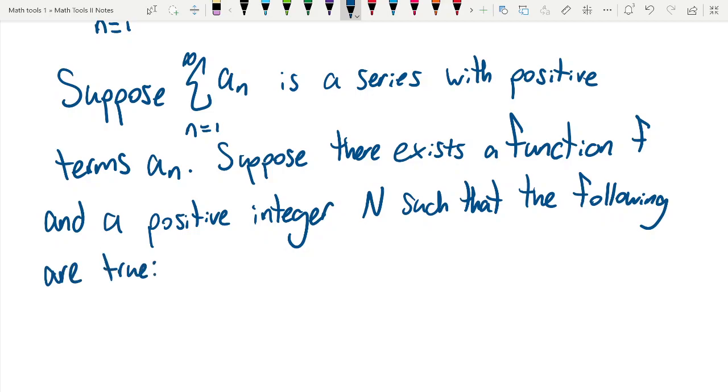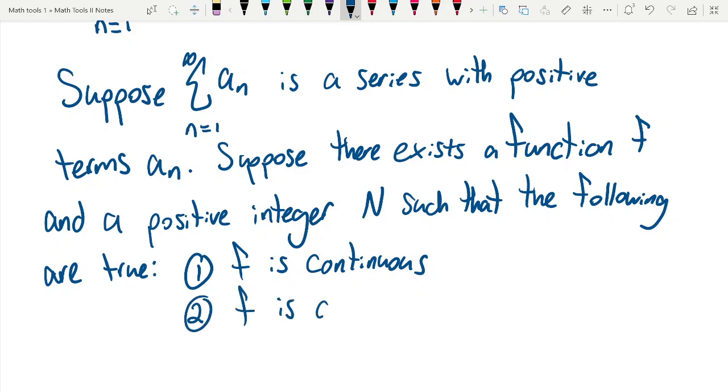We're going to have three conditions here. One, f is continuous. We haven't put any other conditions on this function, but whatever it is, it needs to be continuous. Two, f is decreasing. It specifically has to be decreasing.